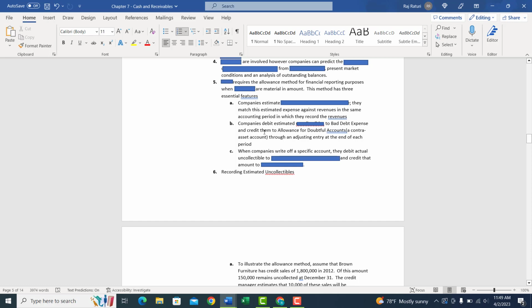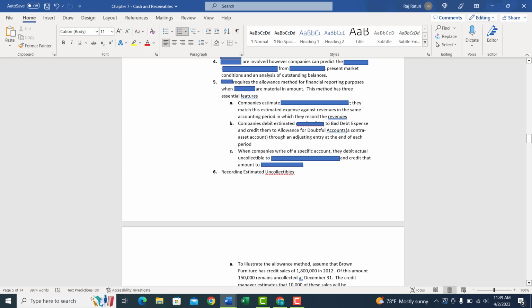Companies estimate the allowance for doubtful accounts or the uncollectible accounts receivable. And obviously you match revenues and expenses.